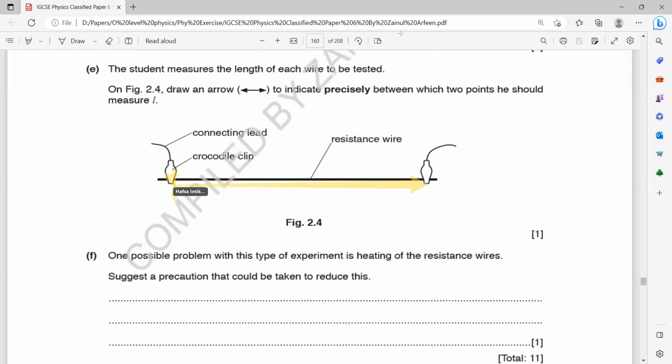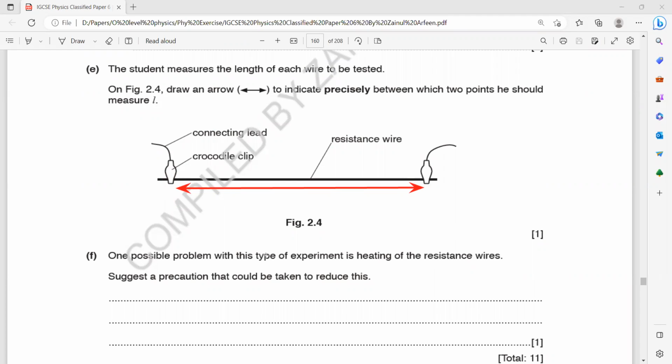So you have to draw one arrow from here to the other side. That is the length the student should measure, between the two crocodile clips.